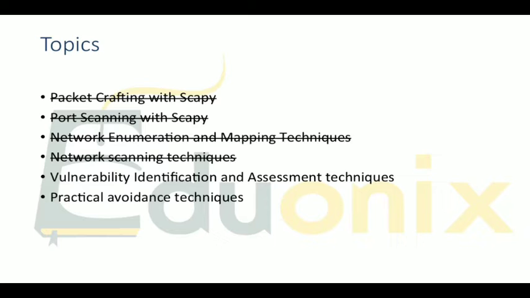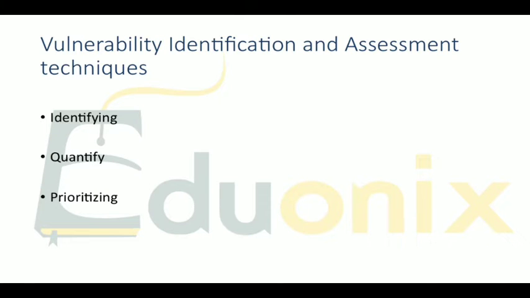So in this chapter, hopefully you'll be able to cover vulnerability identification and assessment techniques. A vulnerability assessment is the process of identifying, quantifying, and prioritizing, or ranking if you will, the vulnerabilities in a system.